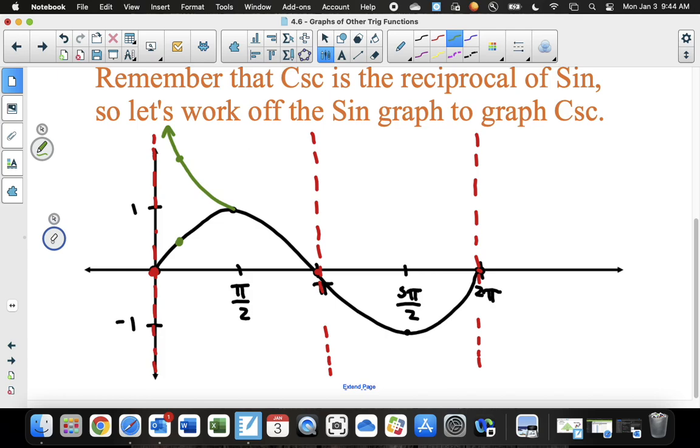That's what I meant about, like, if that's 1/3, then that's 3 over 1. If this point right here is 2/3, then this point up here is 3 over 2. Okay? So that's what's happening there. Same thing keeps going. Now as the y values decrease on the sine, they're actually increasing on the cosecant.